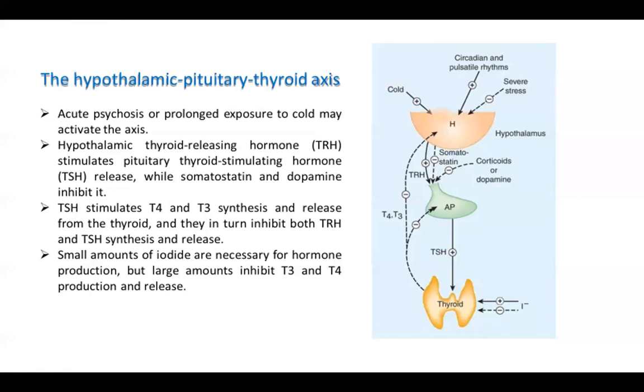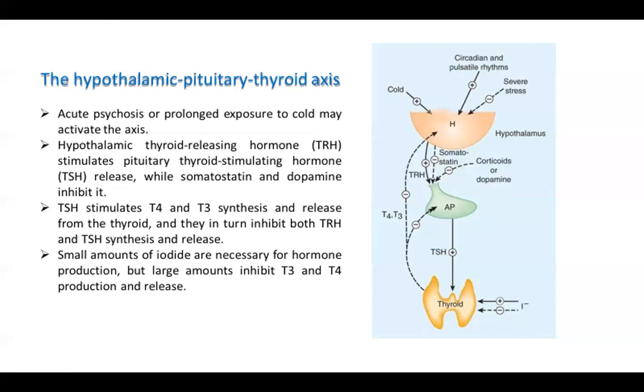The last point is very important: small amounts of iodine are necessary for the production of T4 and T3, but large amounts, which we call pharmacological amounts of iodide, can inhibit T3 and T4 production and release. Why am I saying that?